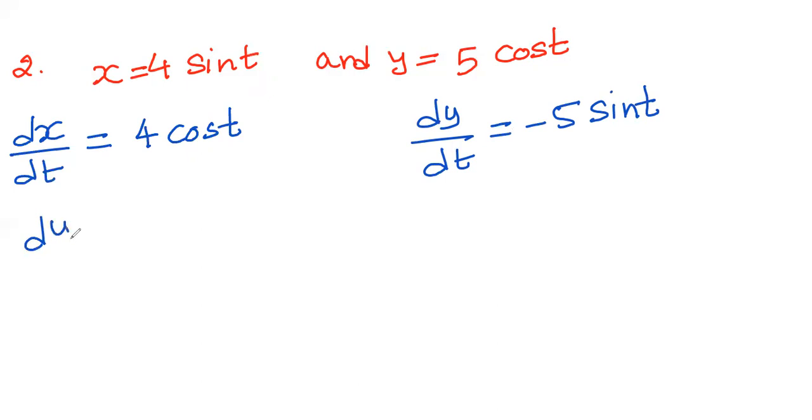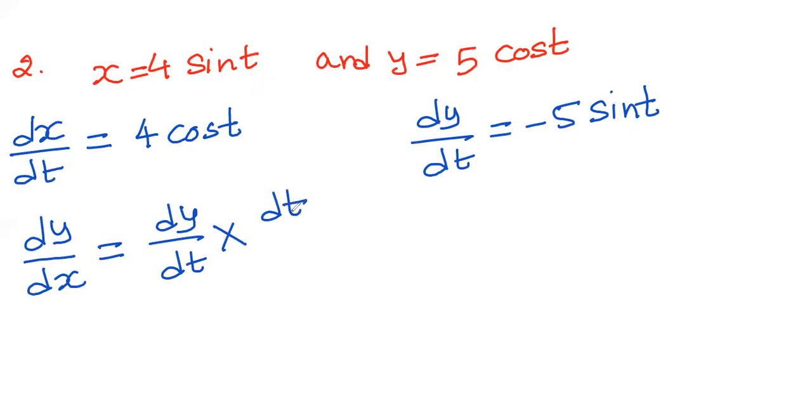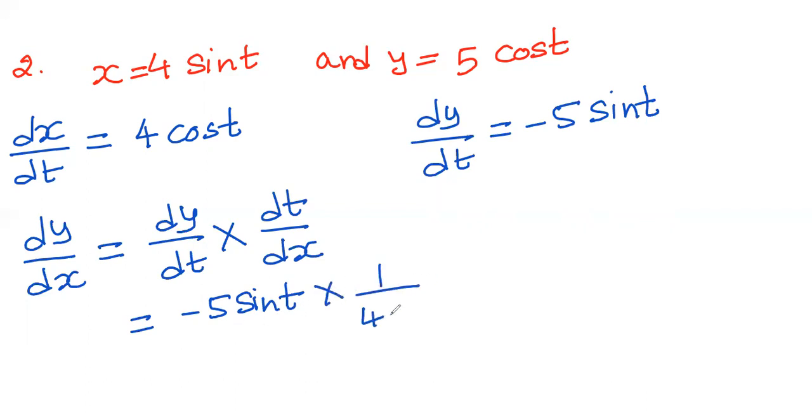We want dy over dx, which is dy over dt times dt over dx. dy over dt is minus 5 sine t. dt over dx is 1 over 4 cos t.